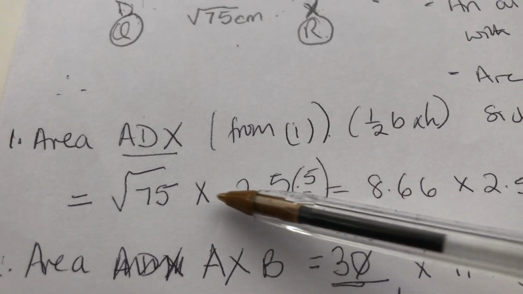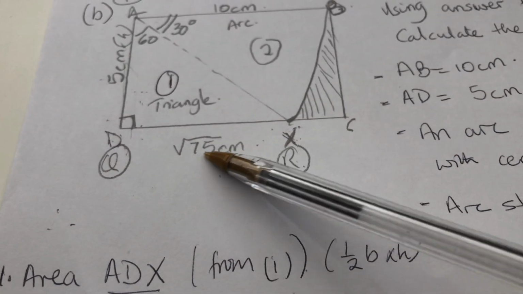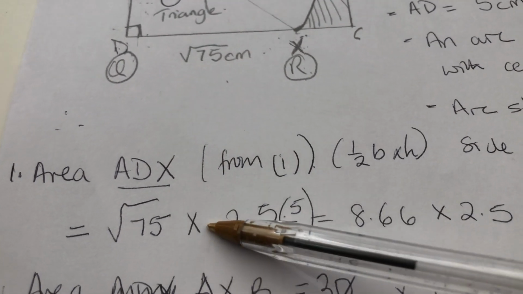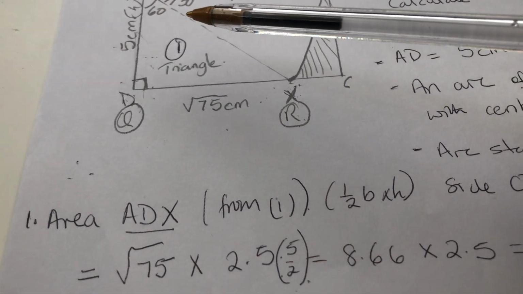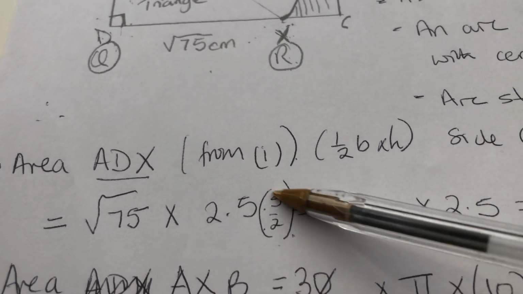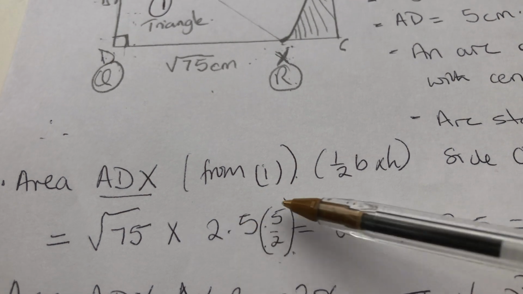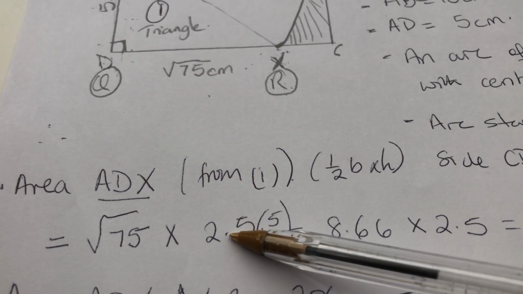So here, half, our base is root of 75, times the height, which is 5. Now this is 5 over 2, which is 2.5.